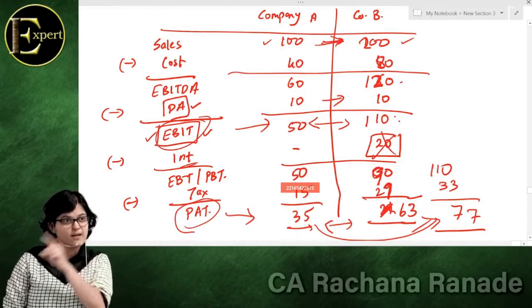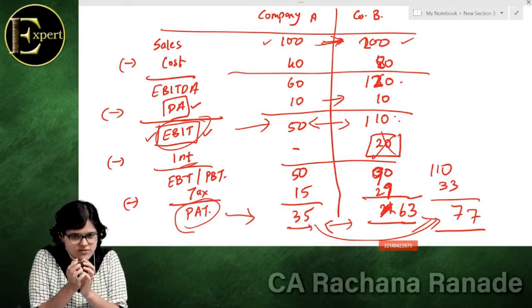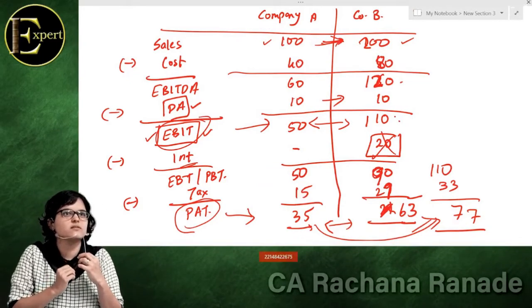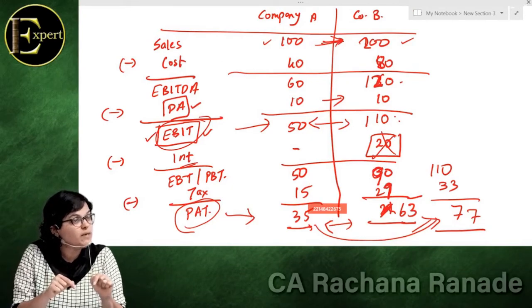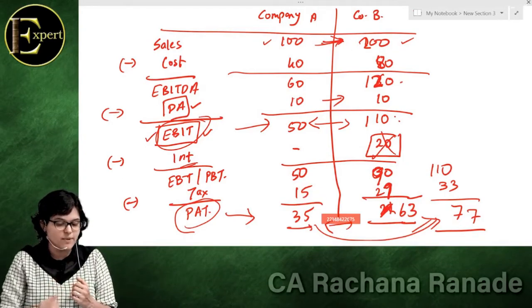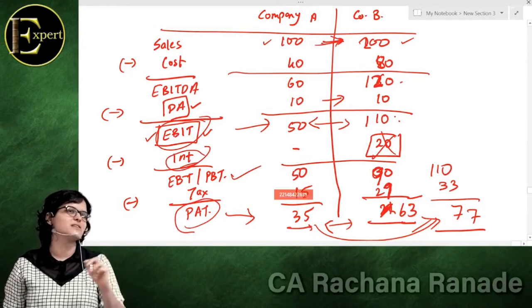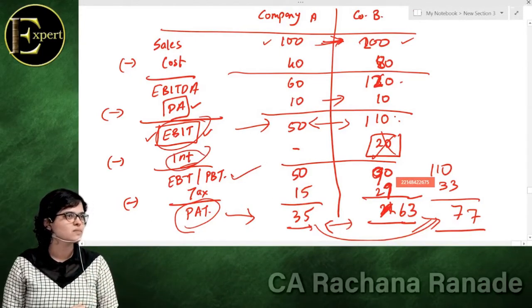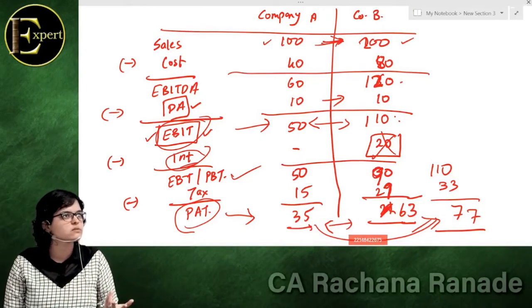EBIT is operating profit. Operating profit tells you how much costs they are increasing or decreasing. How are they managing their costs? That is defined by EBIT rather than PAT. Because for PAT, or even for PBT, finally interest is a big element that is a decider. And if interest is gone, the picture might totally change.